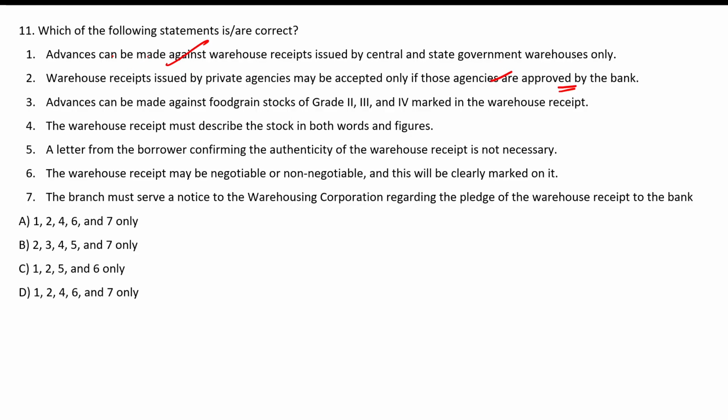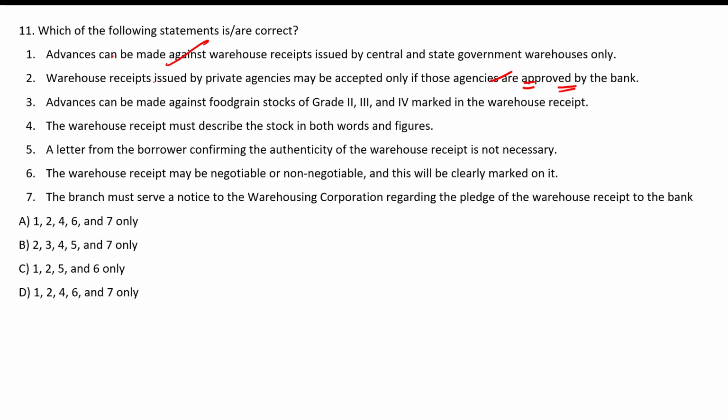So in statement one, advances can be made against warehouse receipts issued by central and state government warehouses only. So this statement is somewhat partially correct and not wholly correct because statement two is also correct.